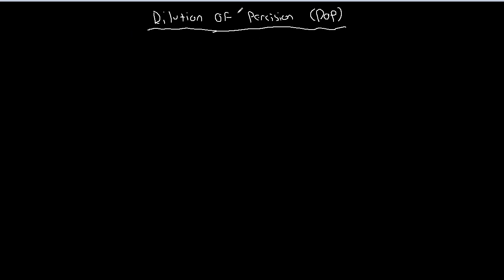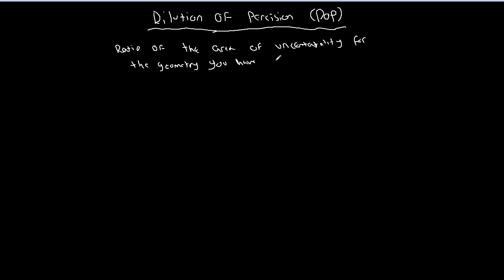And so the definition of what DOP is, it is the ratio of the area of uncertainty for the geometry you have relative to the best possible area of uncertainty.